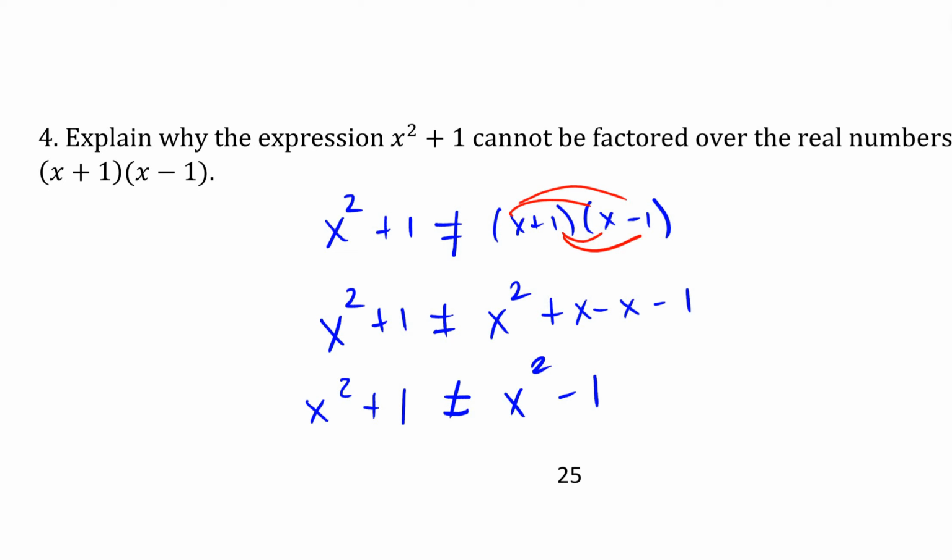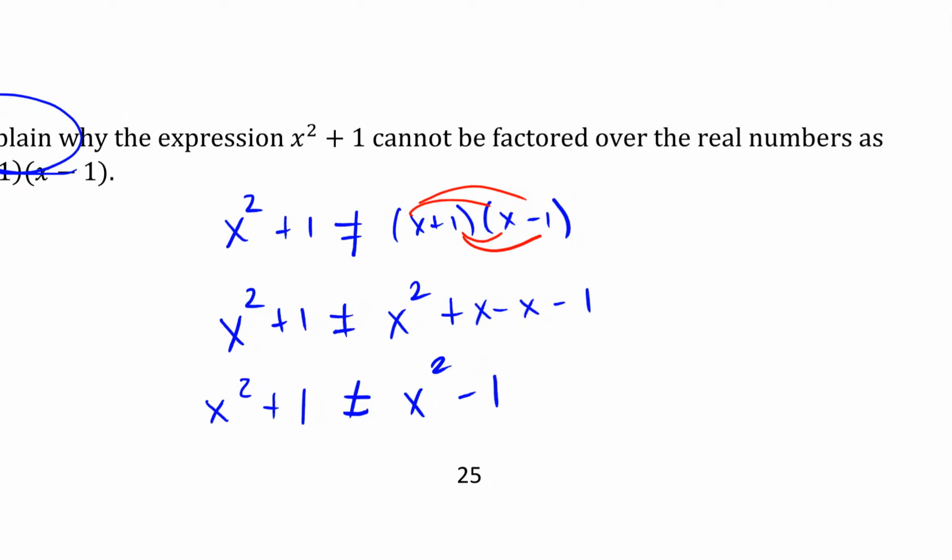Now, here's the trick. This question asks you to explain your answer. If this was on the Regents exam and all of this work is correct, it's exactly what we want, but you didn't actually say anything in words, so you don't get full credit.